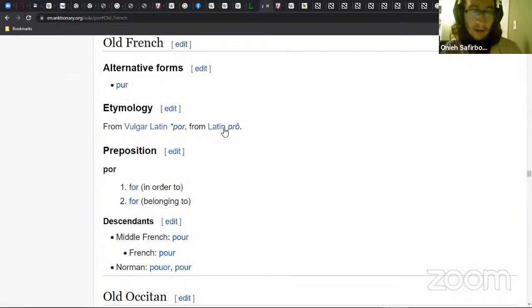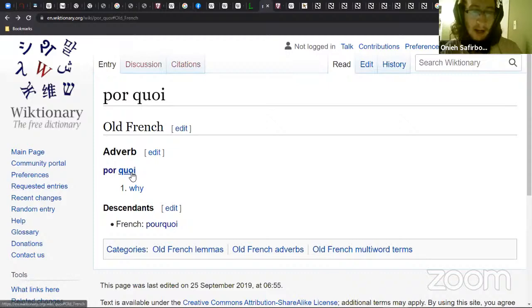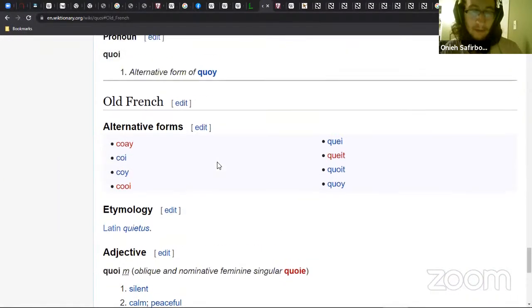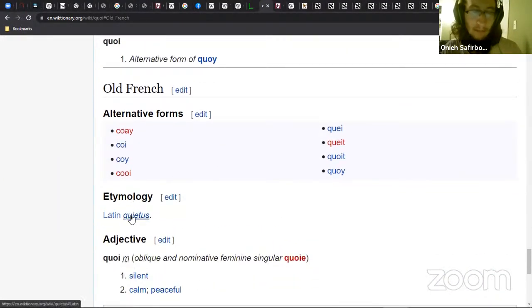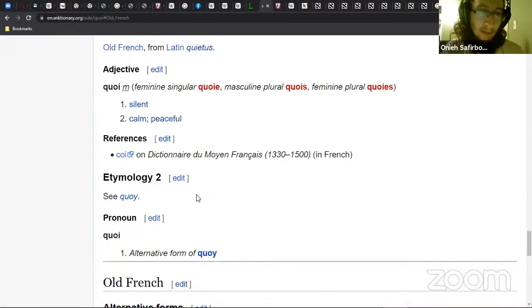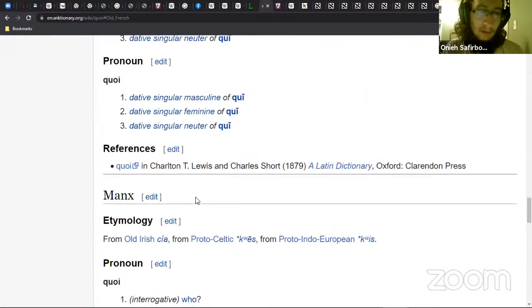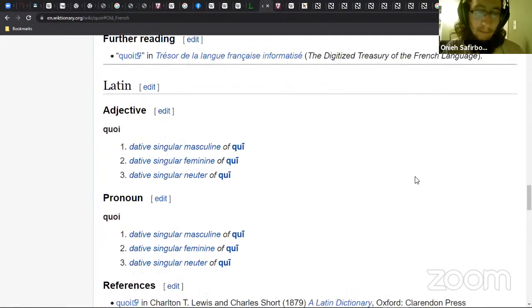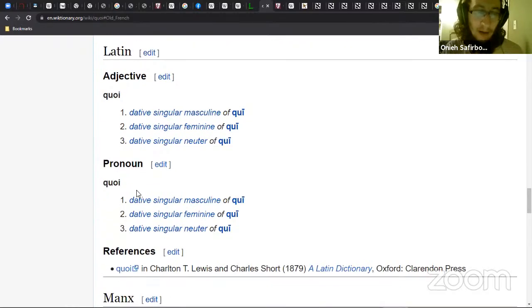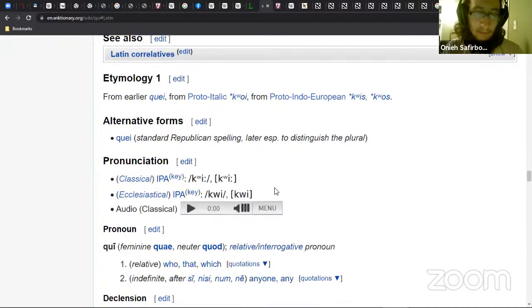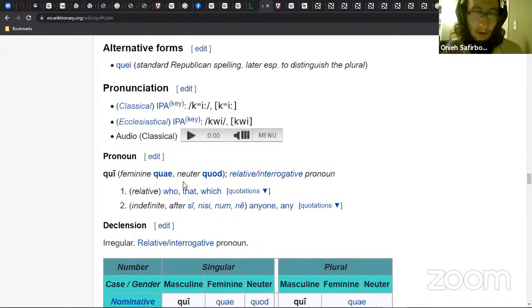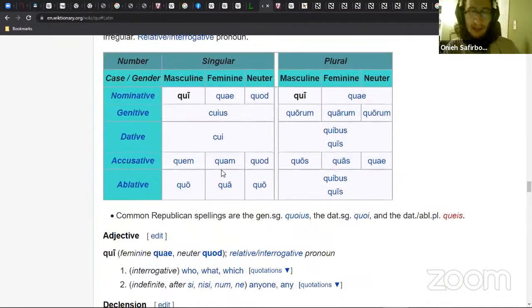Pour comes from the Latin for, qua, dative, for which or for, it's basically the same.